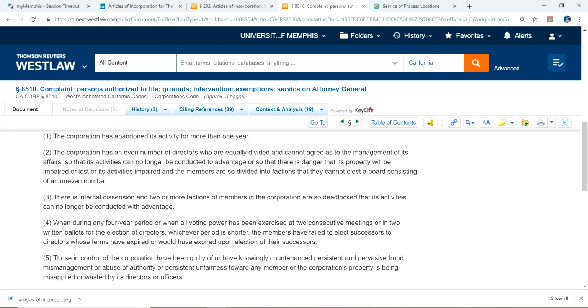There is internal dissension of two or more factions of the members of the corporation so deadlocked that its activities can no longer be conducted with advantage.